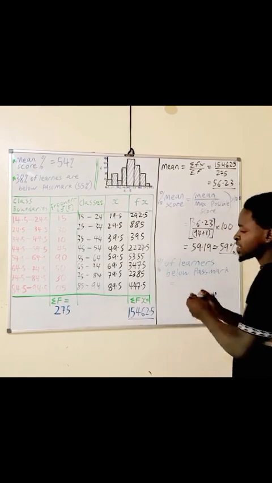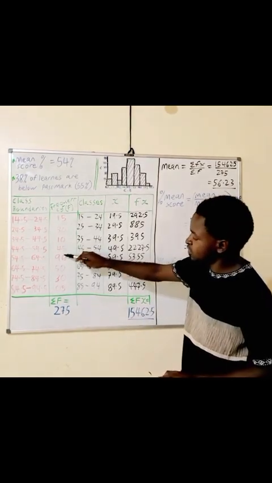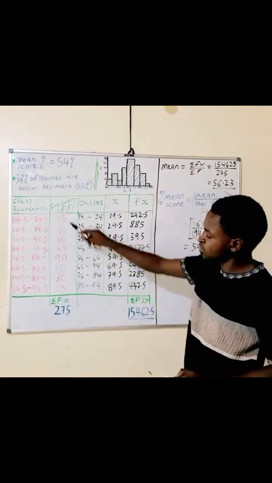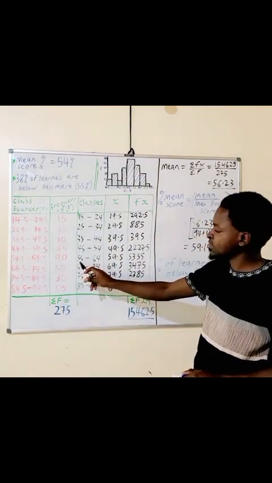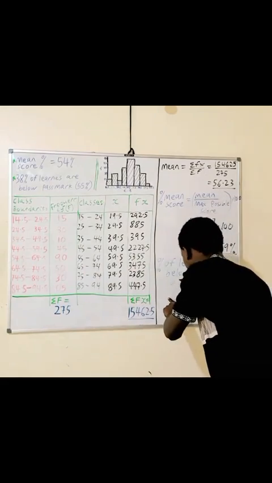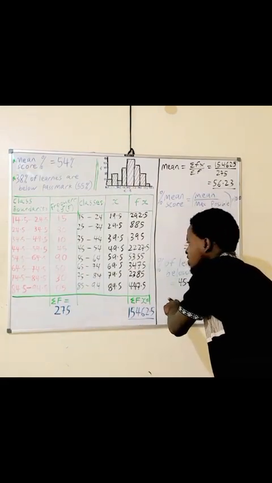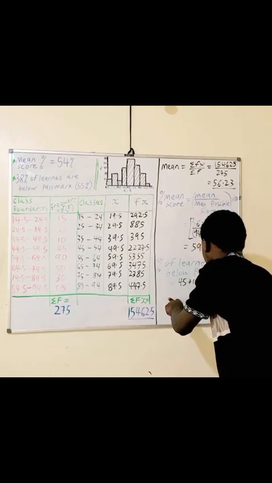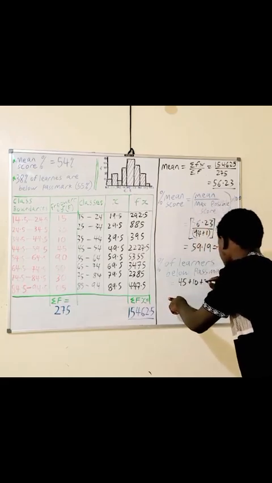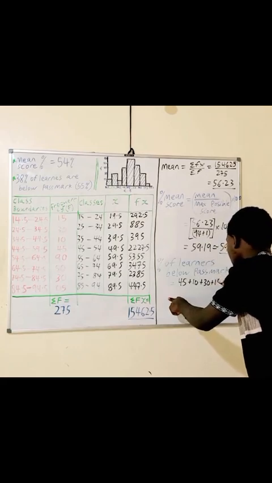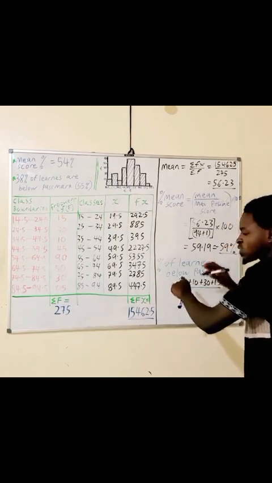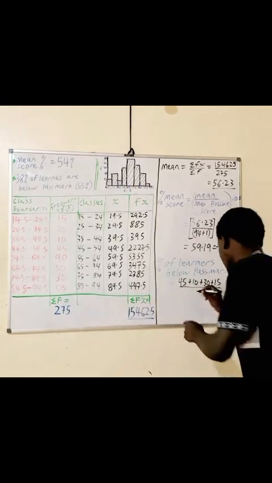It is going to be the sum of these numbers from 45 and above who are below this 55. It is going to be 45 plus 10 plus 30 plus 15 over the total number of students, which is 275.